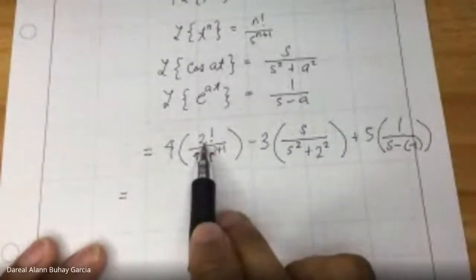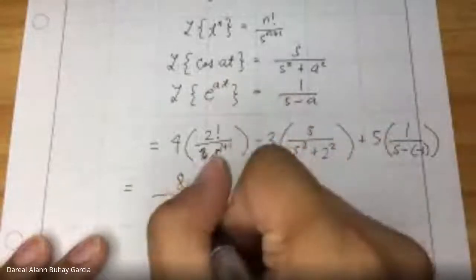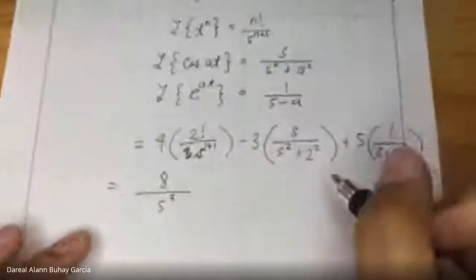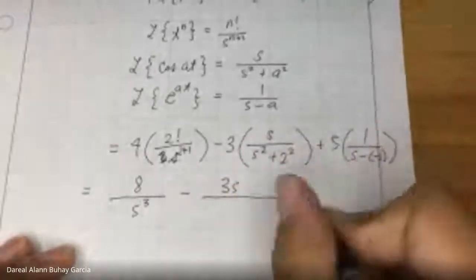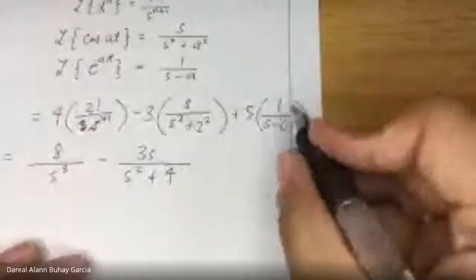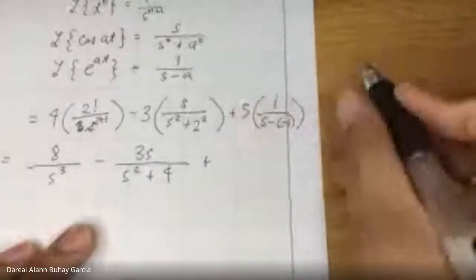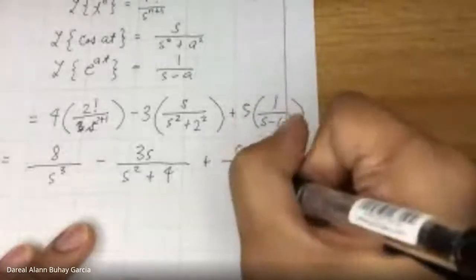Meaning, the final answer is: 2 factorial times 4 is 8, over s cubed, minus 3s over s squared plus 4, plus 5 over s plus 1.